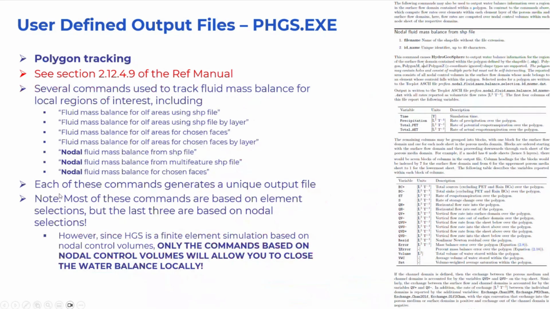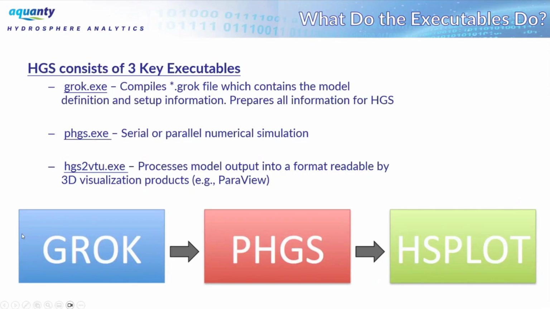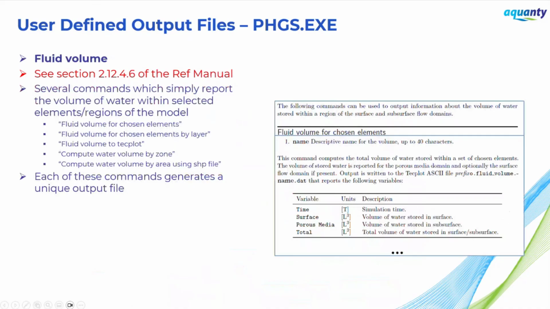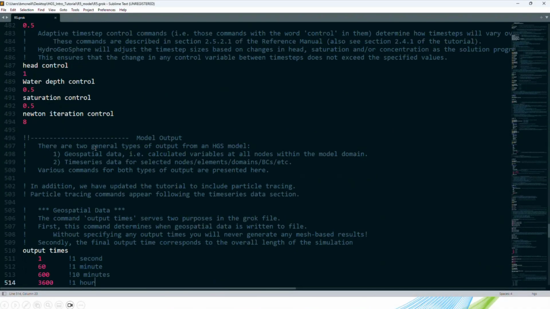There are a number of different polygon tracking commands that allow you to basically track a localized water balance for individual nodes or groups of nodes based on their nodal control volume area. Fluid volume, similar.